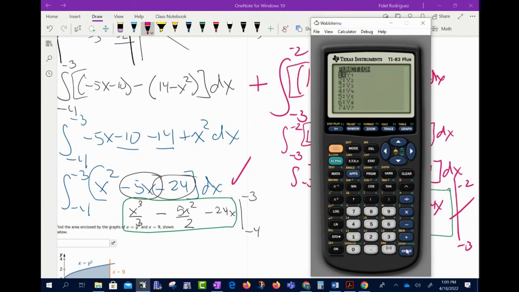So we're going to do this twice. The first time is at what? Negative 3. And I'm coming up with 40.5 minus y bars at negative 4.